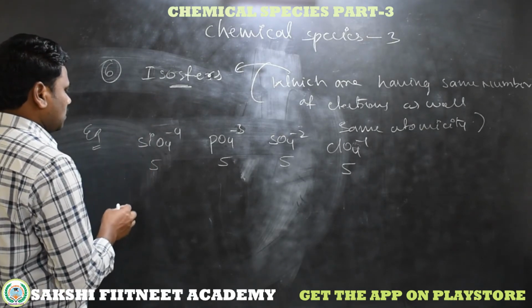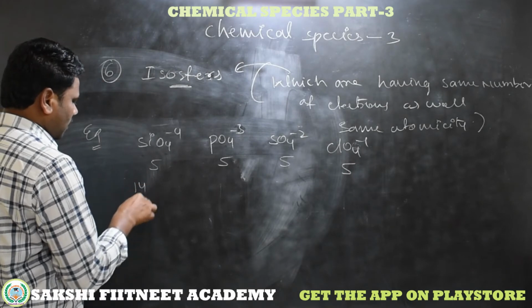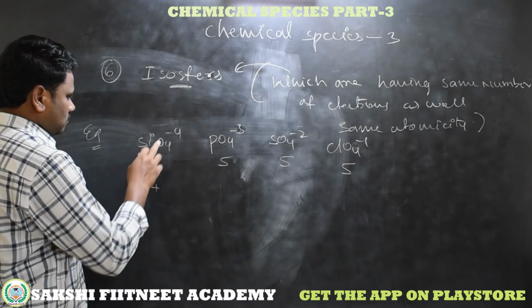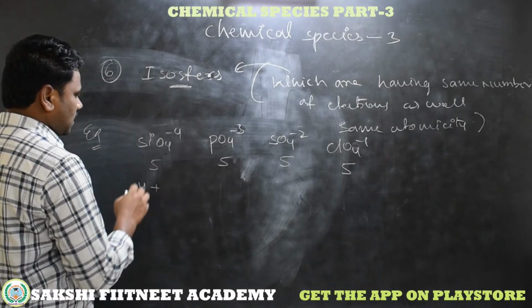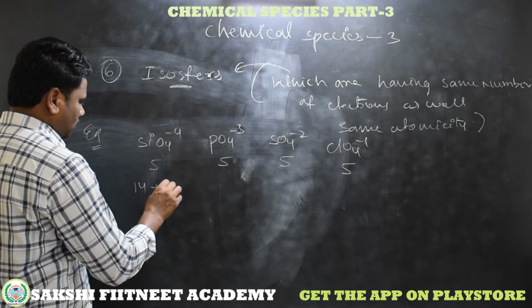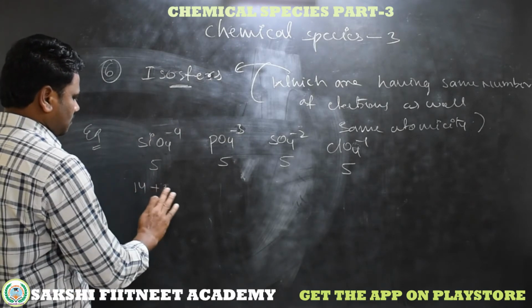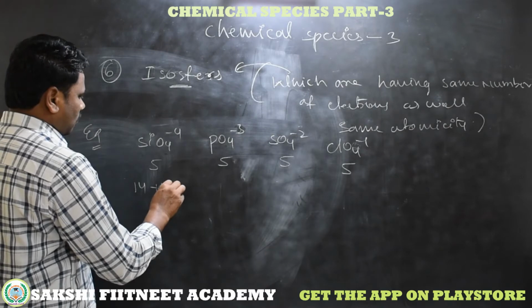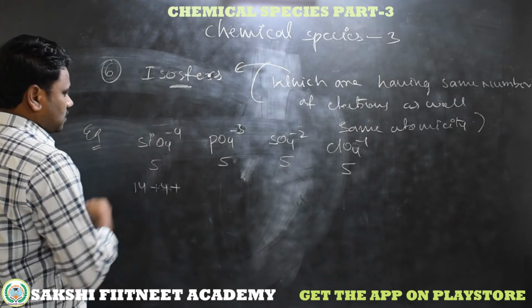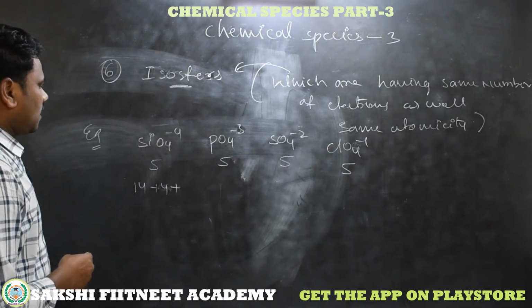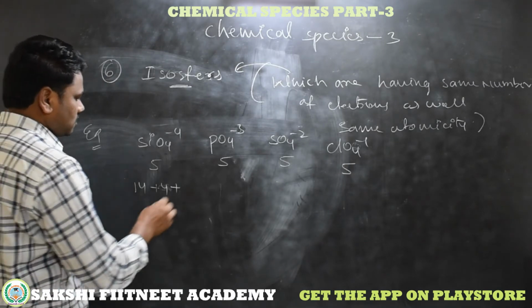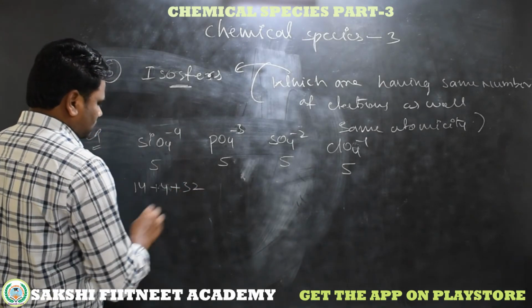Coming to silicon, its atomic number is 14. Plus the total overall charge is -4, which means we need to add 4. Now plus 4 oxygens, each oxygen has 8 electrons, so 4 oxygens means 32 total.